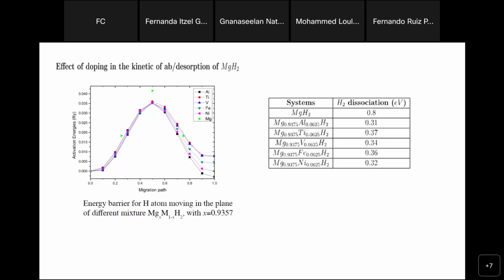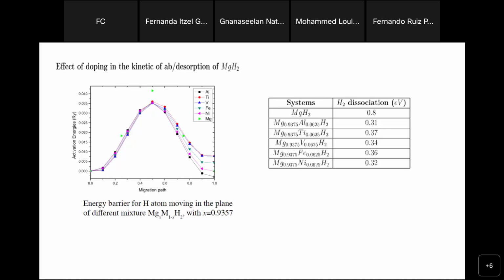When the magnesium hydride is doped by metallic elements, we can see that the doped magnesium hydride presents activation energies less than the pure magnesium hydride. So there is a significant decrease of the barrier energies in the doped magnesium hydride.